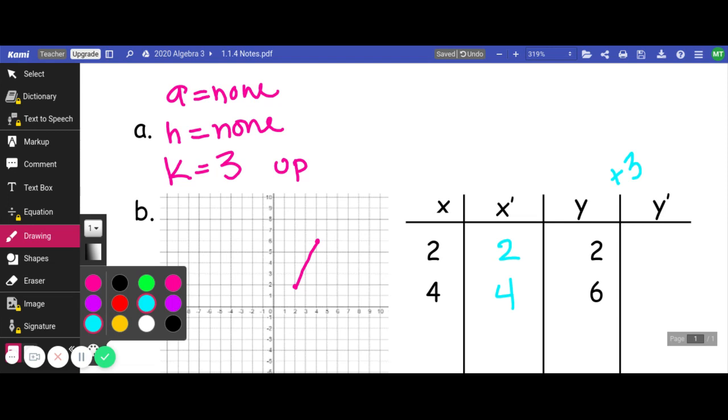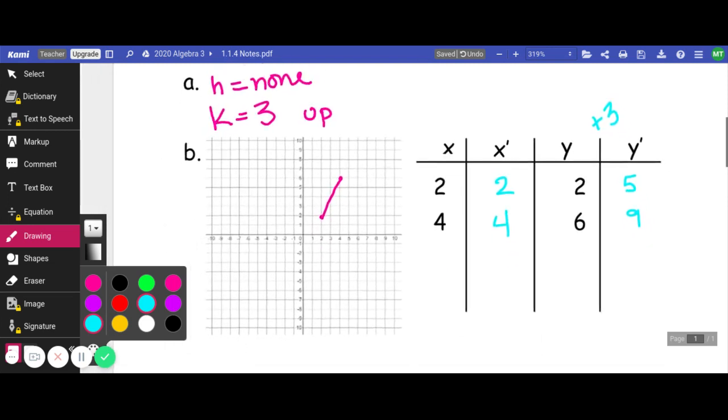Those don't change. But since K is 3, it moves up, which means we add 3. So 2 plus 3 is 5, and 6 plus 3 is 9. Now your x and y prime are your new points. That is your new transformation.